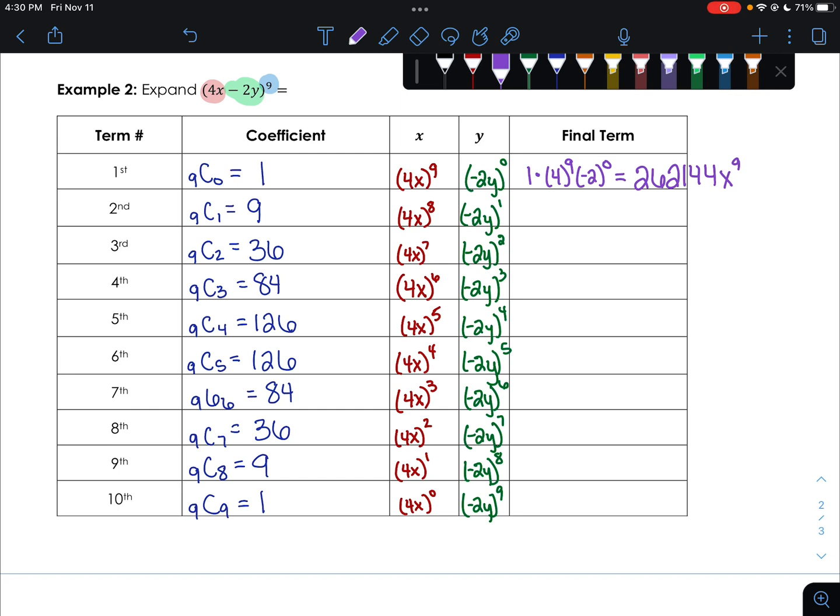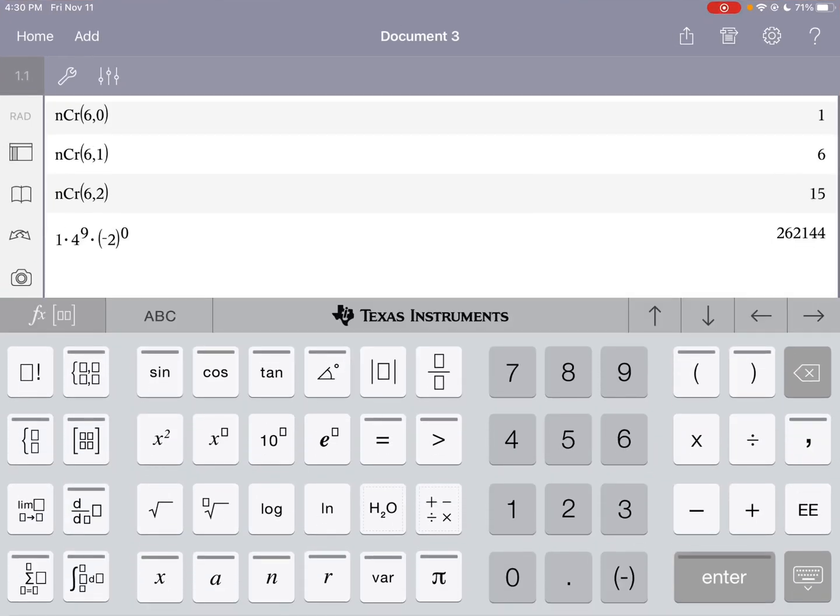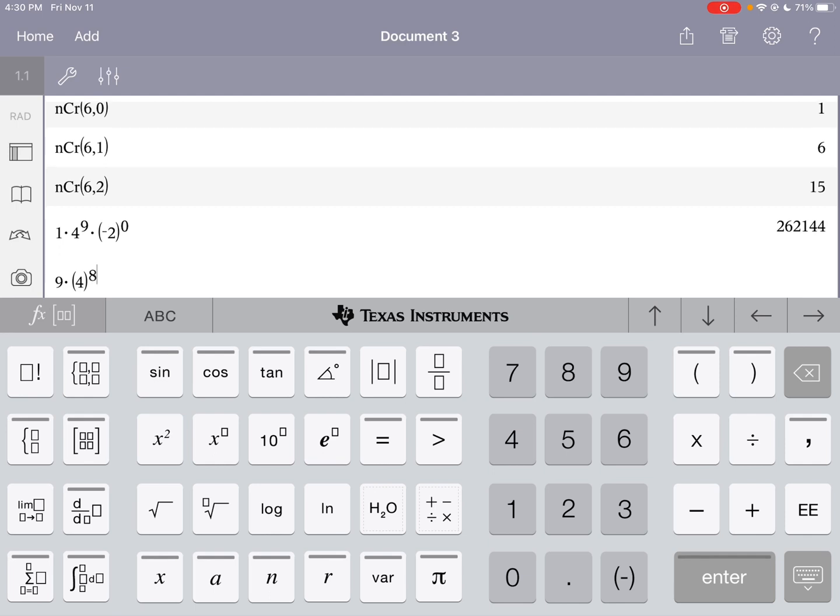So now we're going to repeat that process. I'll do one more with you. So we have this time 9 times 4 in parentheses to the 8th power times negative 2 to the first power. So we go to our calculator. We're going to type it in: 9 times 4 to the 8th power times negative 2 to the first power.